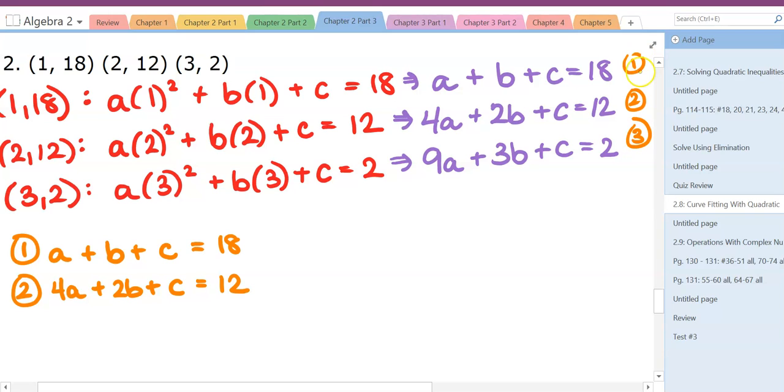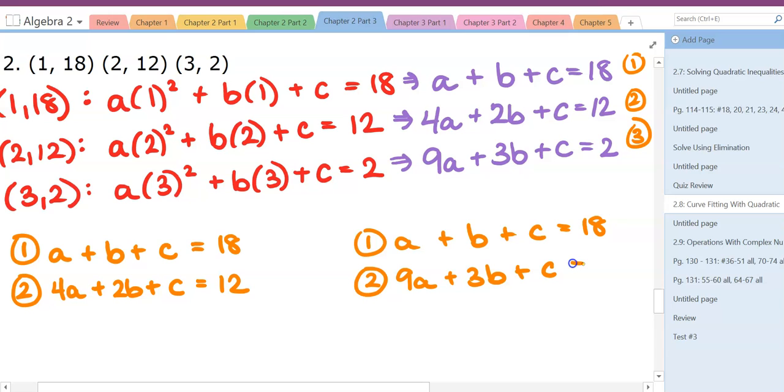And then I'm going to do 1 and 3: a plus b plus c equals 18, and 9a plus 3b plus c equals 2, sorry. For both of these problems, I'm just going to take the top equation times -1. I think that's going to be easiest because it's just going to change all those signs.